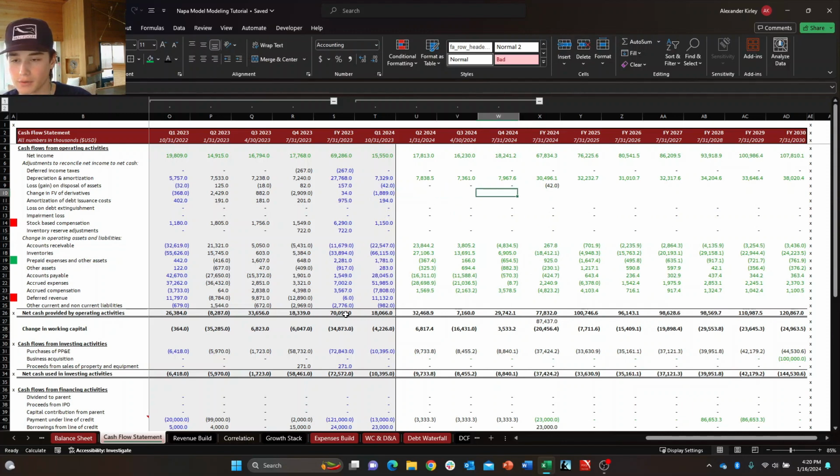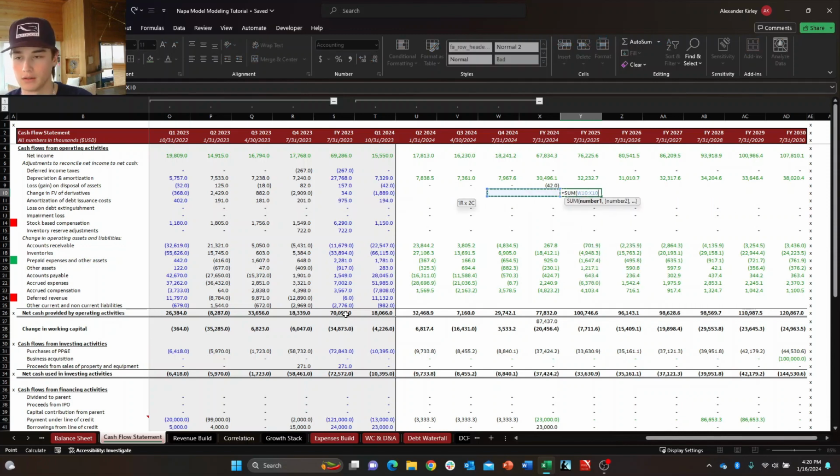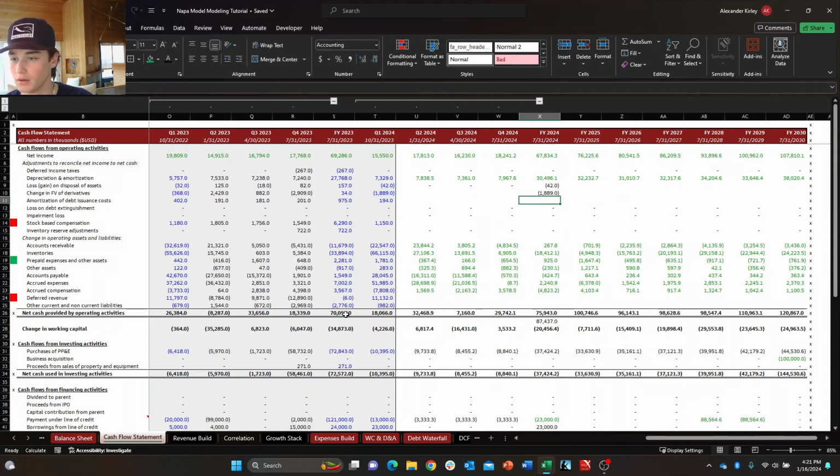Change in fair value of derivatives, again, very difficult to forecast, and I'm not going to create a CISO, which is shareholders' equity, shares outstanding schedule, because it's a little bit complex and there's no need for that. I think it's overkill. Amortization of debt issuances, we'll do the same here. Stock-based compensation, this is something we still have to get to. We will later.